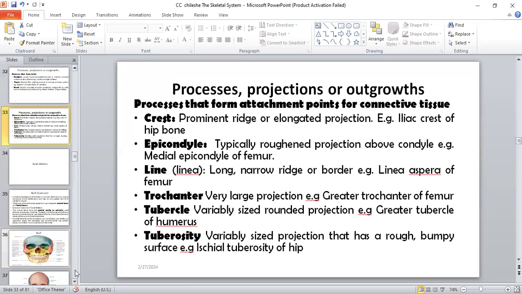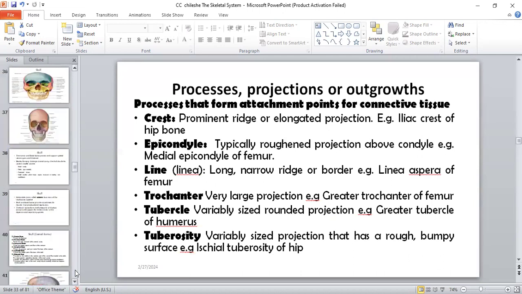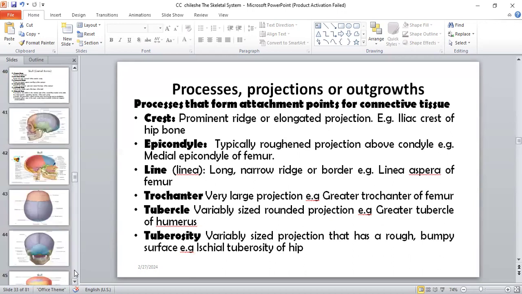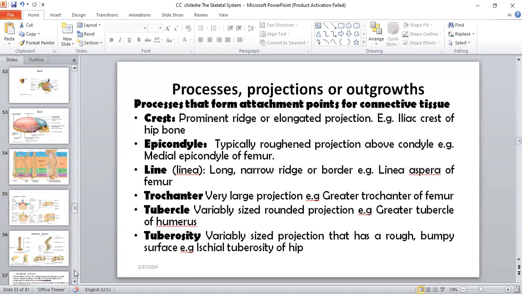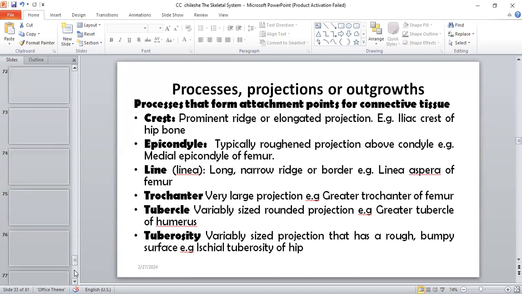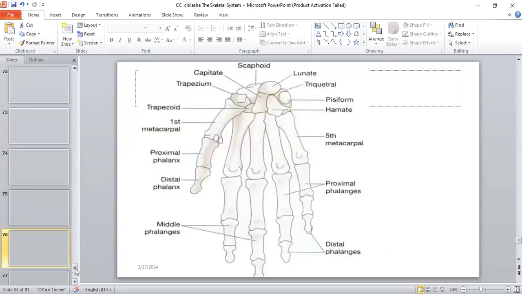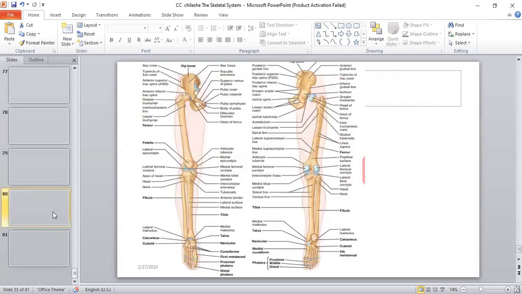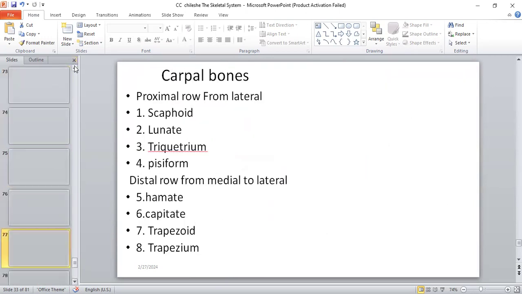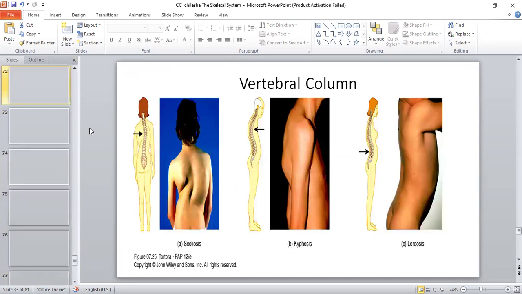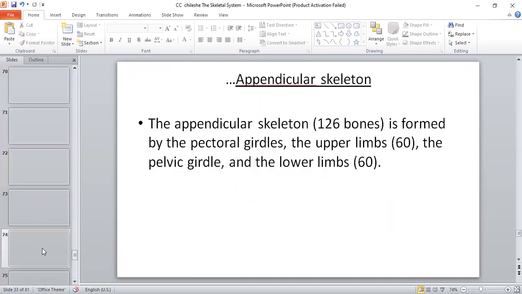We talked about the greater tubercle and the lesser tubercle, and we said that between those two tubercles we have the sulcus, also known as the bicipital groove, where the long head of the biceps rests.